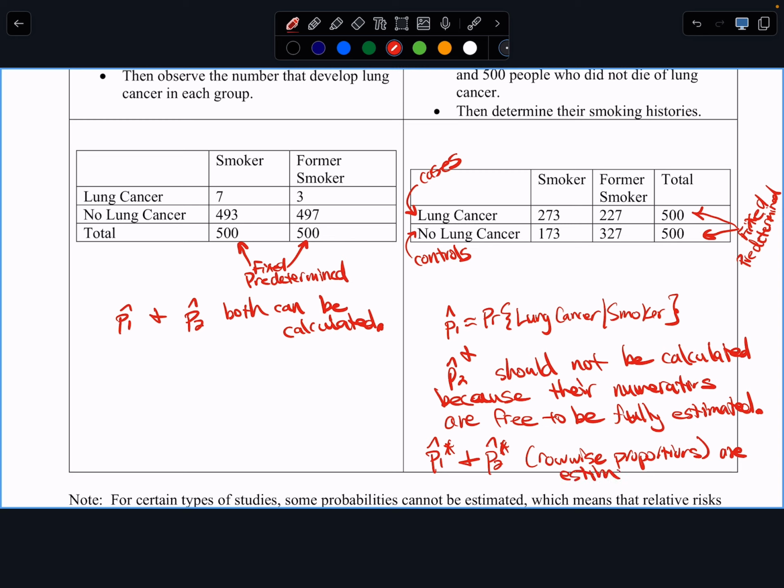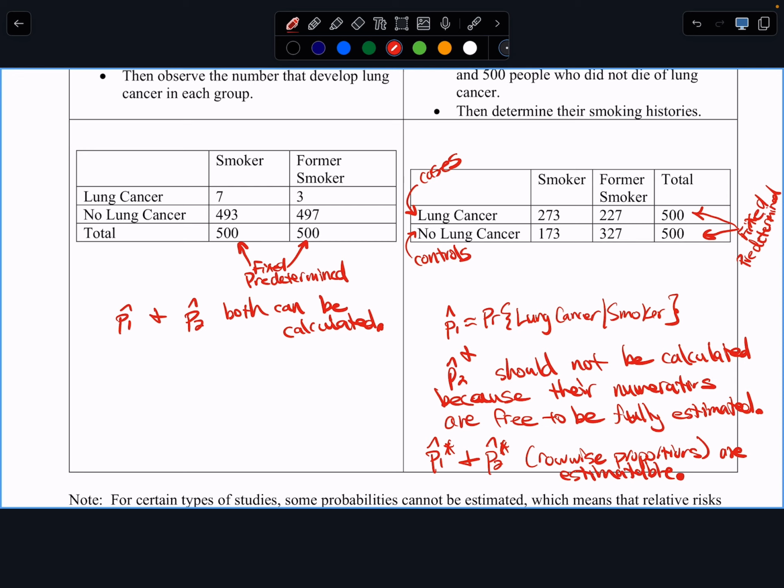All right, so I'm going through this example here because depending on how we create our tables, we've constructed the tables the same way in each of our examples. So sometimes your row-wise or your column-wise proportions cannot be estimated, right? So here, column-wise proportions are not estimable, but row-wise ones are.